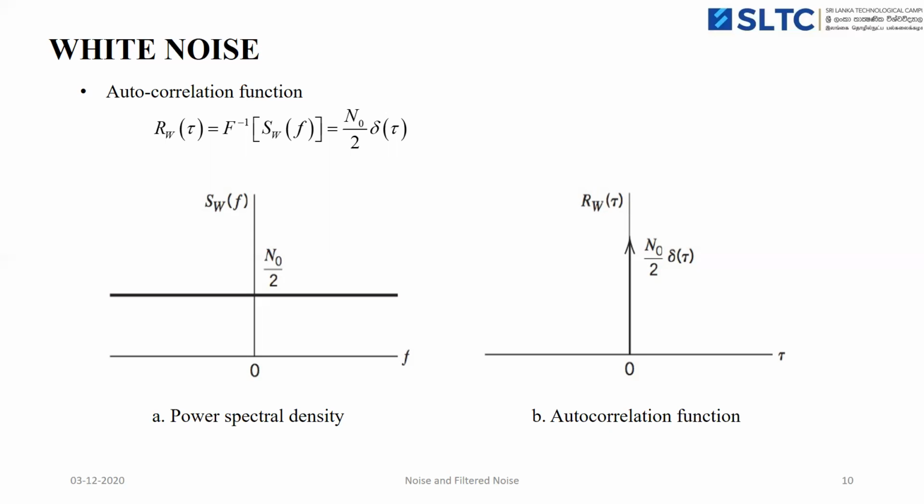If you do that, it becomes an infinite value because the range varies from minus infinity to plus infinity. But we know that for every frequency component, the power of the white noise is N naught by 2, right? So we can get the autocorrelation function of the white noise as an impulse function, that is delta of tau.